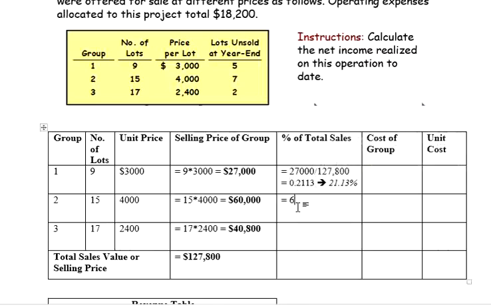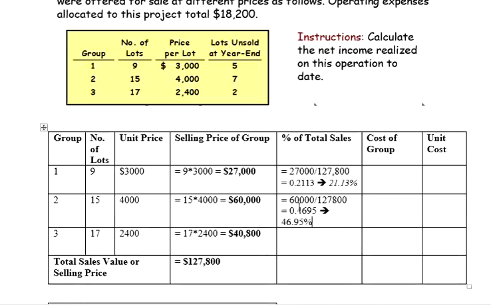Now for this next one, it's $60,000 divided by 1,27,800. Let's divide this. $60,000 divided by 1,27,800. We get a rounded value of 0.4695, which becomes 46.95%. Okay, so far so simple. Likewise, let's go for the last one.